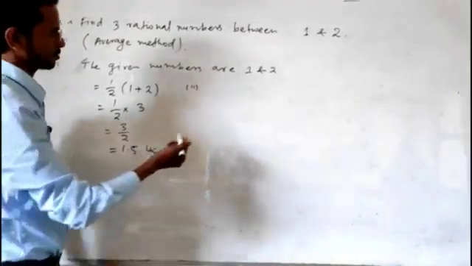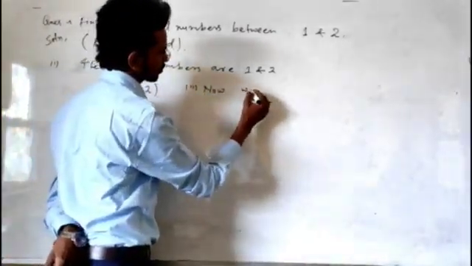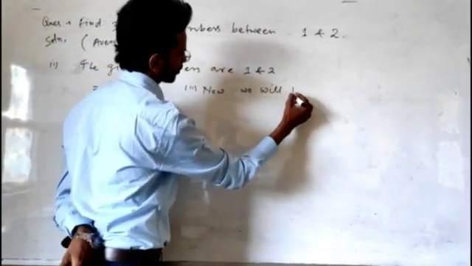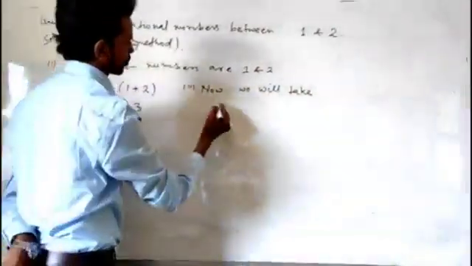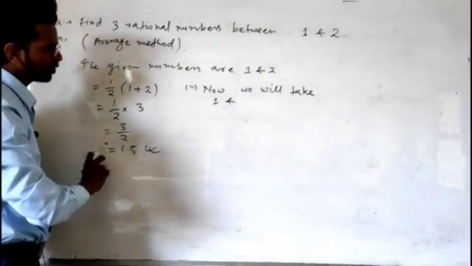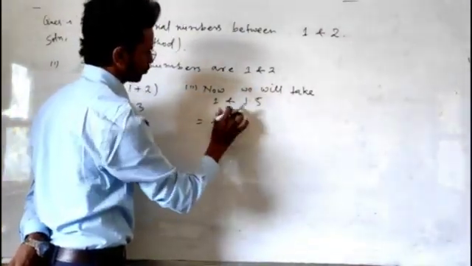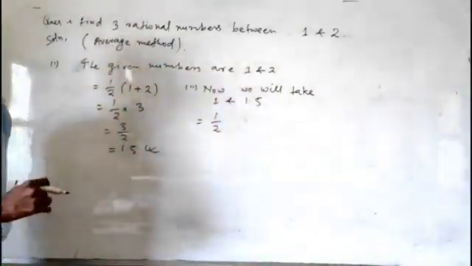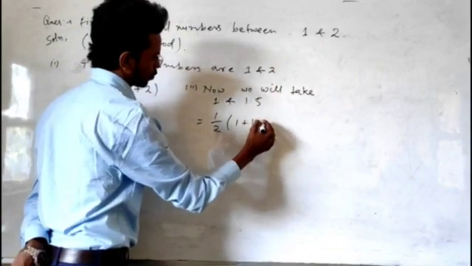Now we will take either 1 or 2 with this number, and what is this number? This is 1.5, and so write 1 upon 2.